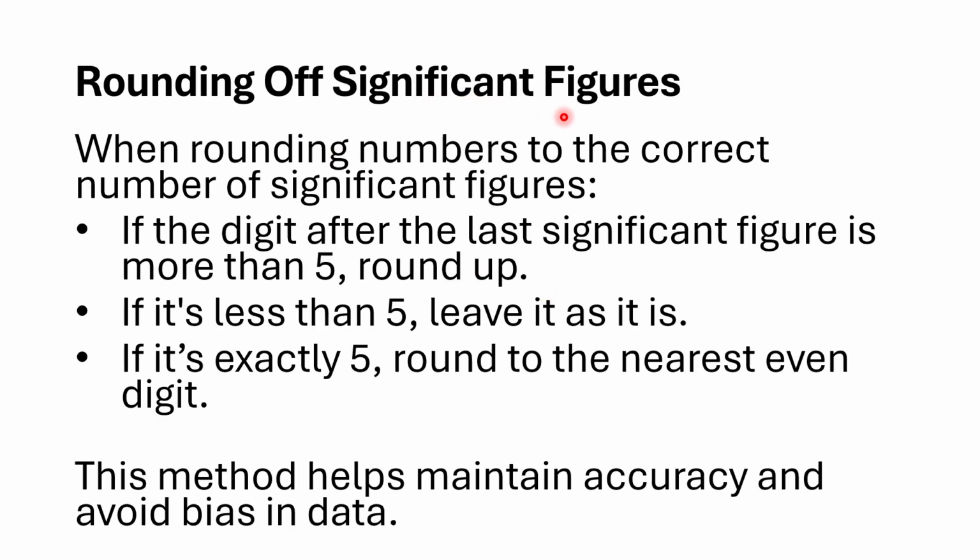Rounding off in the significant figures. When rounding numbers to the correct number of significant figures, we will use these three concepts. If the digit after the last significant figure is more than 5, we will round it up, which means the whole number goes up by one.